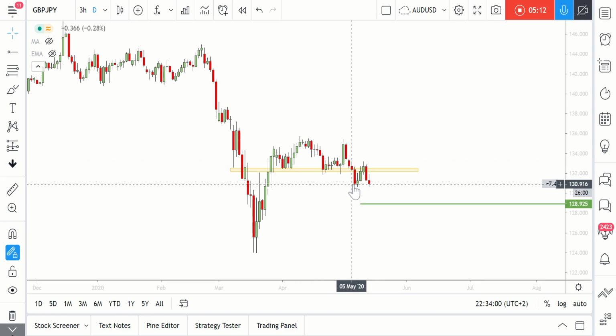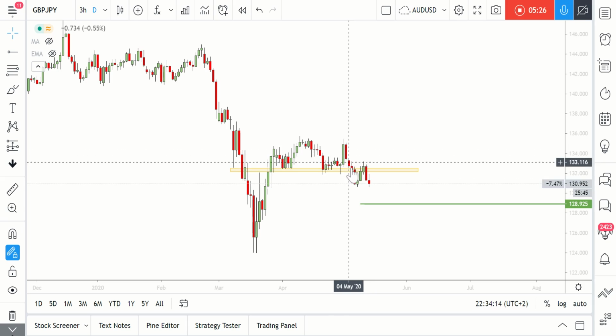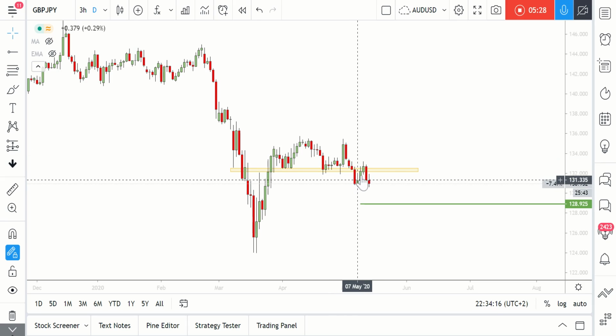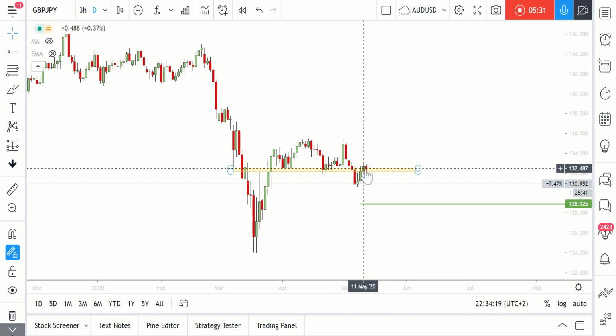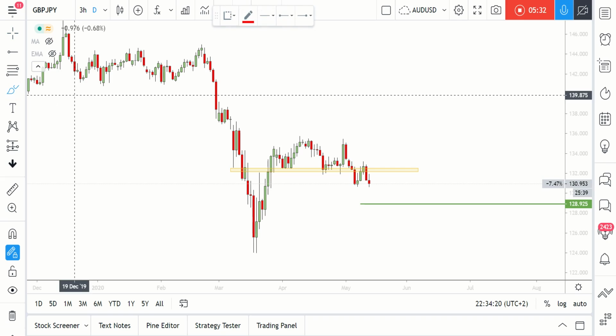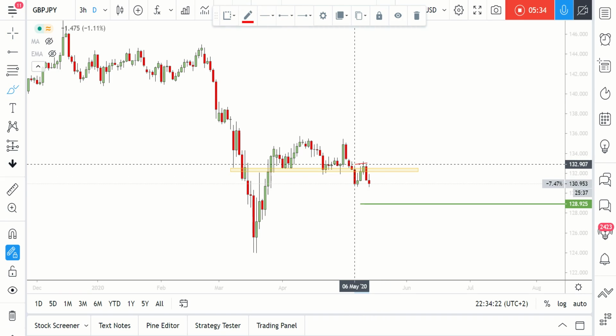So we had a break. My rule of thumb is that I don't enter a trade if I don't have any confirmation, or I don't enter a trade at breaks without price actually having to retest the level after having broken that level. So you can see that price had broken through support, came up to serve as resistance. We had this bearish engulfing candlestick here.